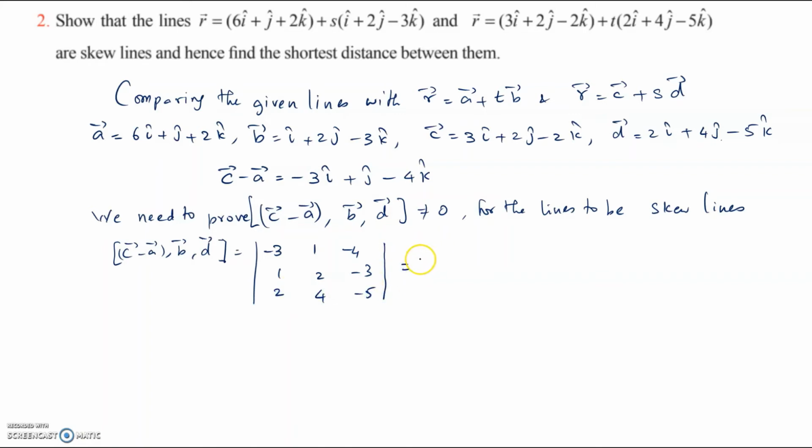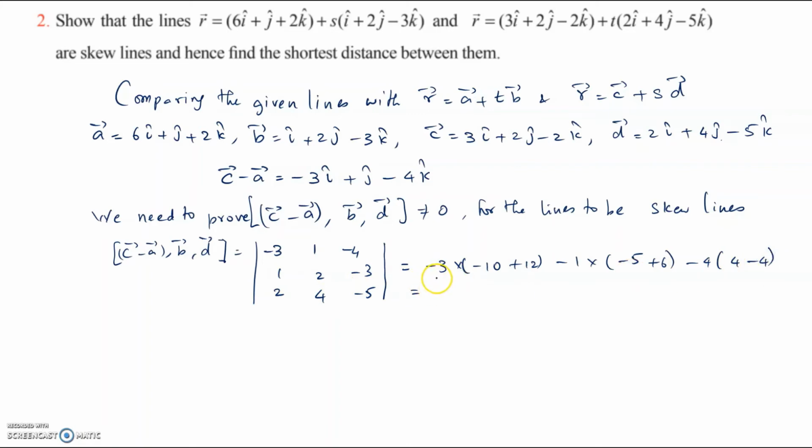If we solve this: −3 into (−10 + 12), minus 1 into (−5 + 6), minus 4 into (4 − 4).